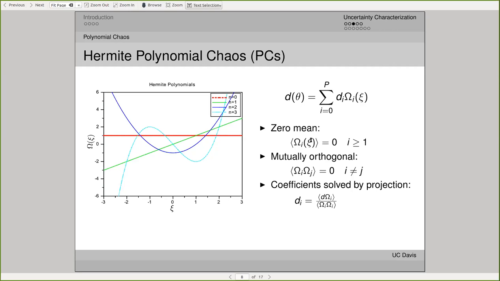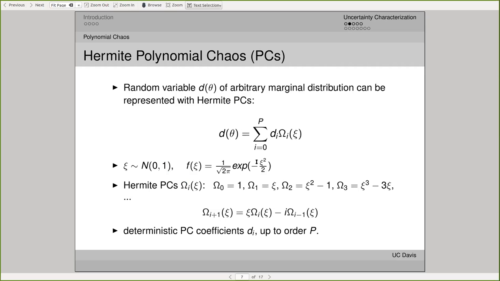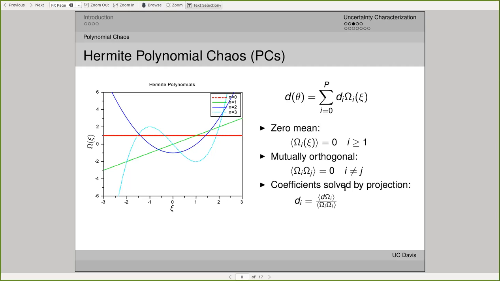First of all, it has the zero mean property, which means that from the first order and above, the means of the Hermite polynomials are all zero. As you can see here, the zeroth order is a constant one, and for all the other orders, the mean value of this Hermite polynomial chaos is zero. So this is the first property, the zero mean property.